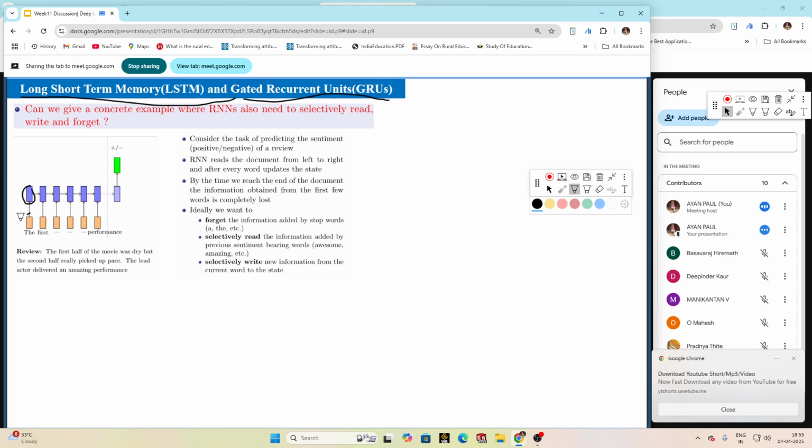It will first read "the" and update the state, then read "first" and update the state. Similarly, it will read each word from left to right and keep on updating the state. By the time we reach the end of the document, the information obtained from the first few words is completely lost.